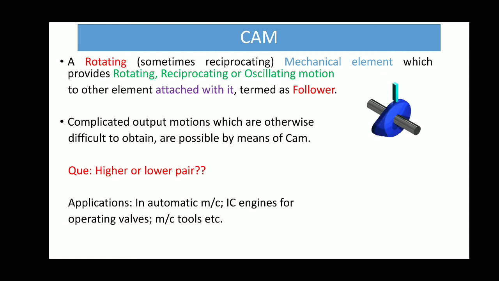So, as we already have different types of mechanisms, why do we need another mechanism, the cam and follower mechanism? Why is it important, why is it in use? Is it only to increase the complexity or to increase the syllabus? Definitely no. It is basically for getting complicated output motions, as per our requirement, which are generally not possible to obtain by the other available types of motion generation.